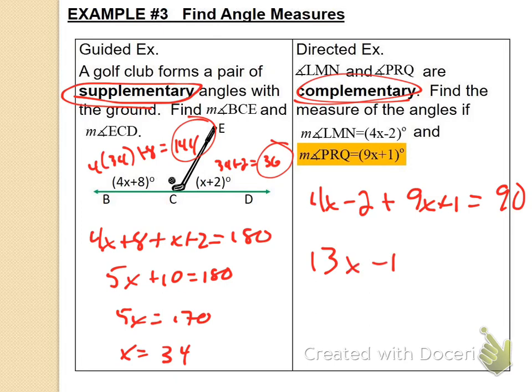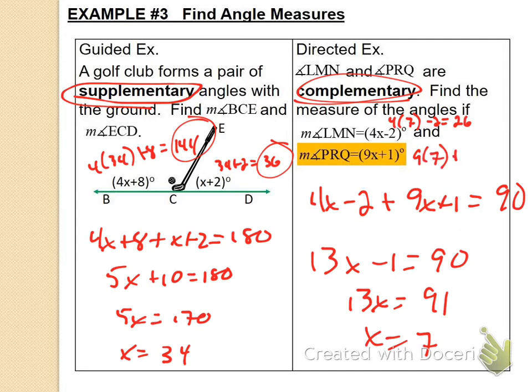So we get 13x minus 1 equals 90. We add 1 to both sides, then divide by 13, and x is 7. And if x is 7, then we can come back up here and plug in 7 for x in the first guy and get 26. And then plug in 7 for x for the next guy and get 64. And then we take a look, and those two angles do add to 90. So we are in really good shape. Okay? Check your work. Make sure you're doing that.